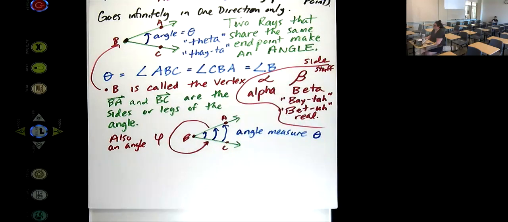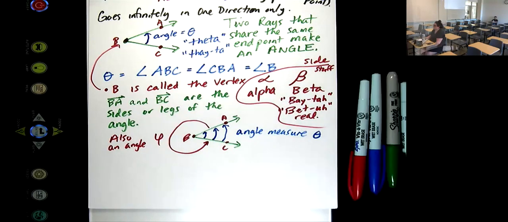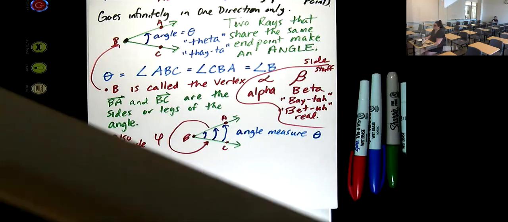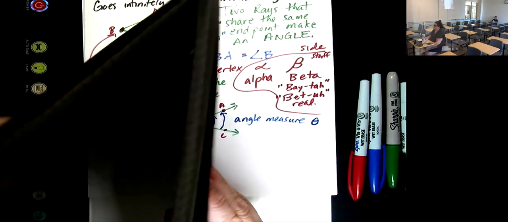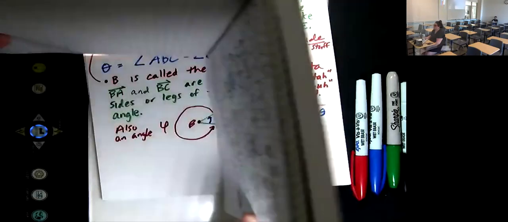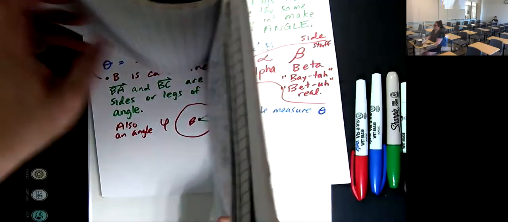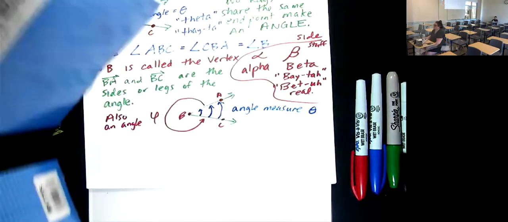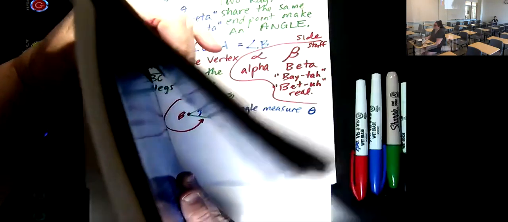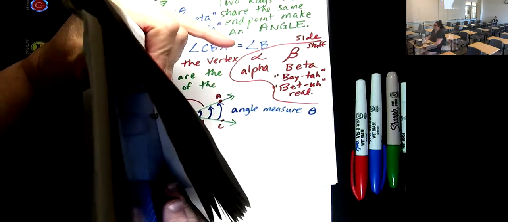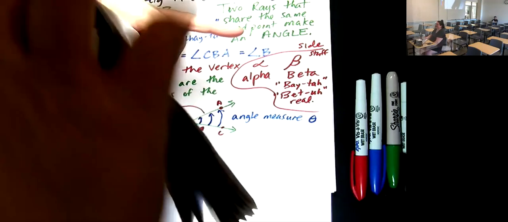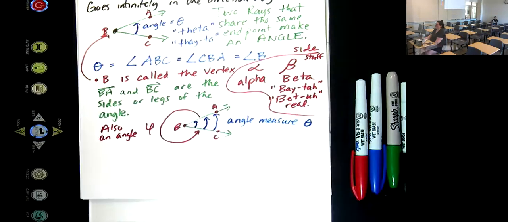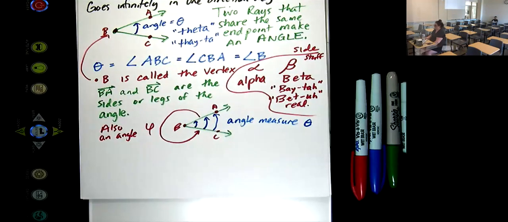But picture it more like a book. I can open the book and it makes an angle. And I can keep opening the book and have the book come all the way around and keep making the angle bigger. So I've made the angle so big that it now looks like this is the angle, when really the angle is going all the way around. That's the idea. There are two angles there.